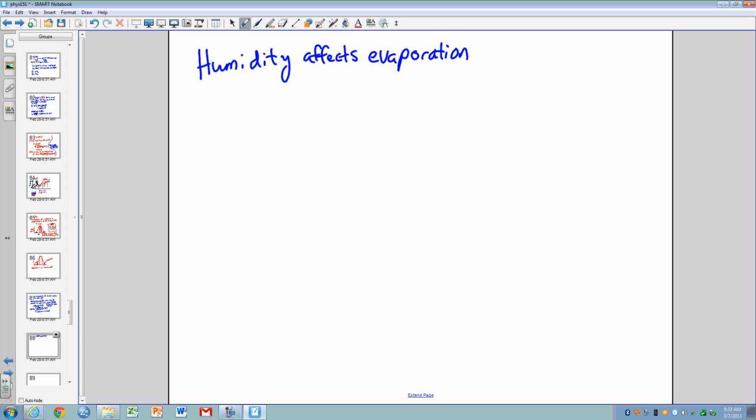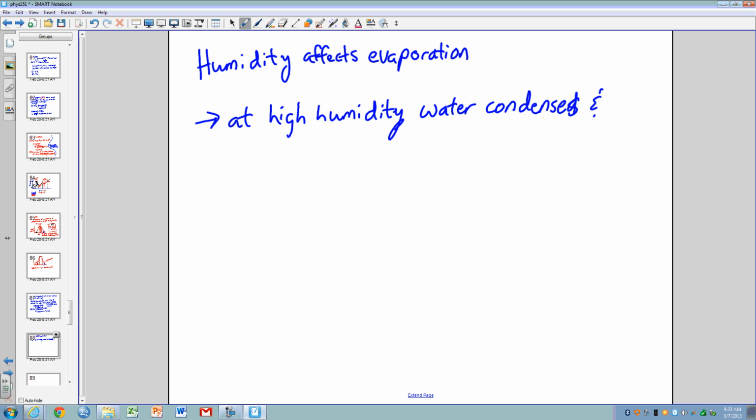At high humidity, water condenses and evaporates at the same time.